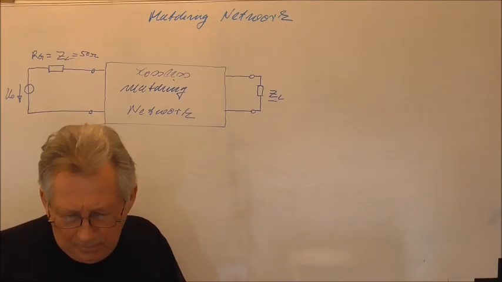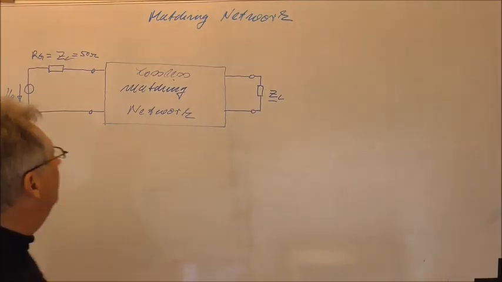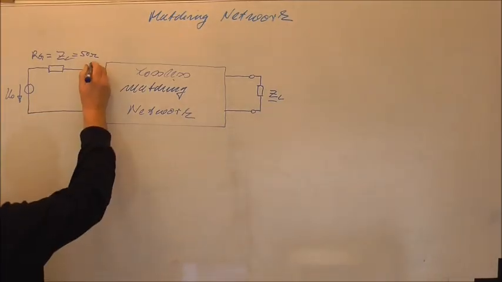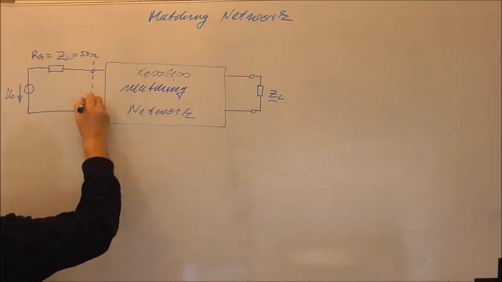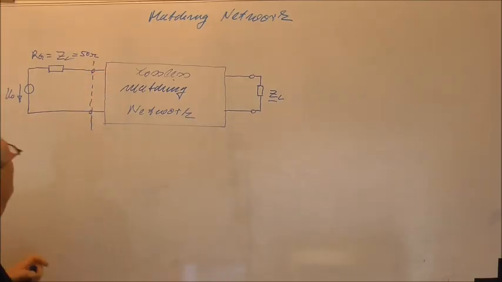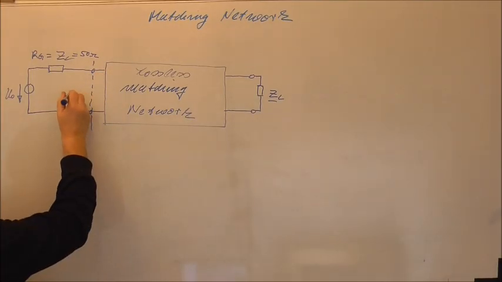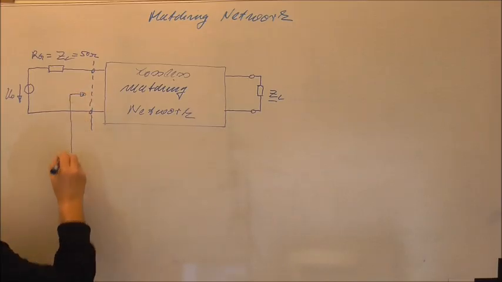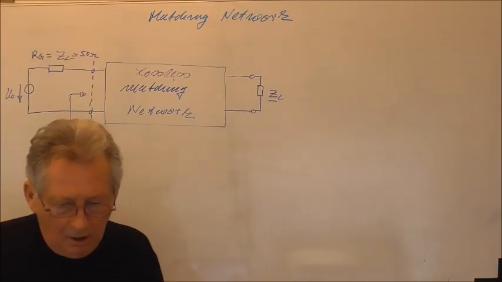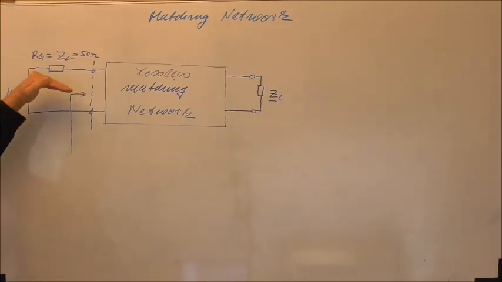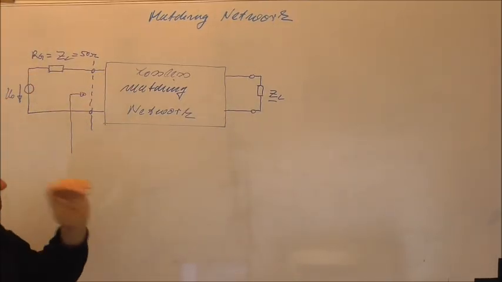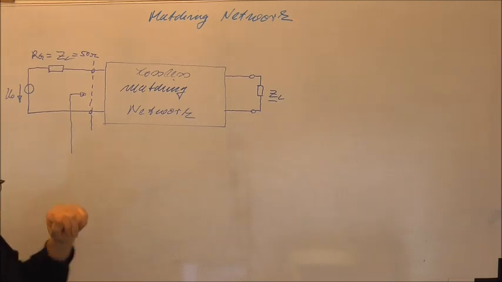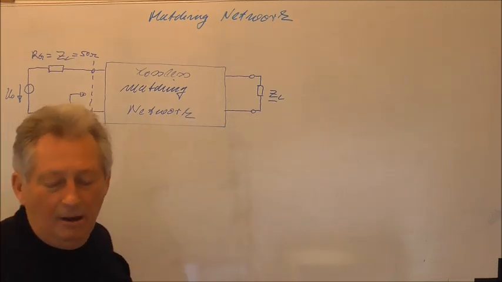And if I talk about matching now, what does this mean? The question is now under which circumstances I really have a matching, or what must I see as input resistance into the lossless matching network so that I really have a matching?